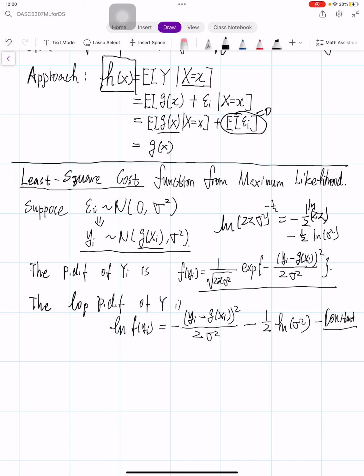Therefore, this implies the log likelihood function.